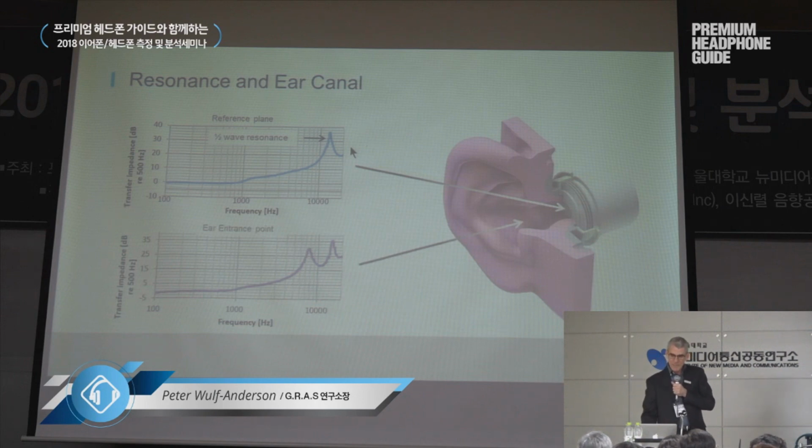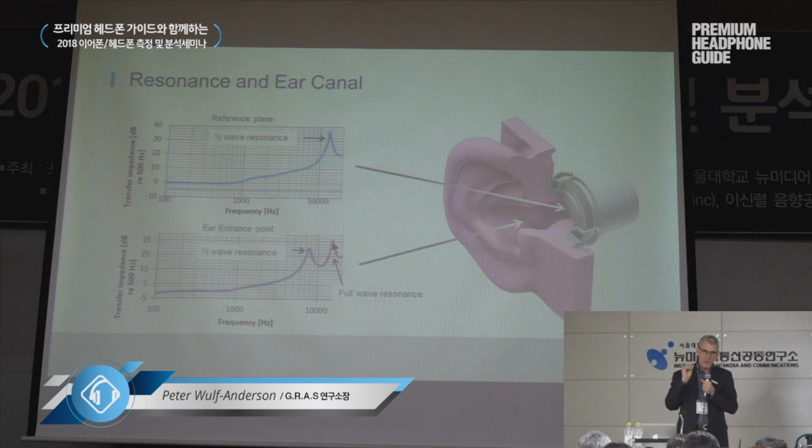So what can happen is that instead of having just one resonance, we now have a picture with two resonances, one being the half-wave resonance that moved down in frequency with longer ear canal, and now suddenly we can also see the full-wave resonance.